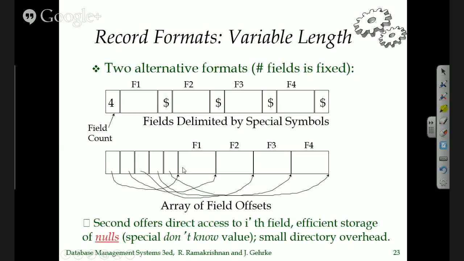These are typically just numbers that indicate how many bytes there are. So if you want to access a particular field, you can just go to the slot here, go to the start, and then read until the next pointer. If you have a null, two pointers will be the same. That's easy. There's no data.